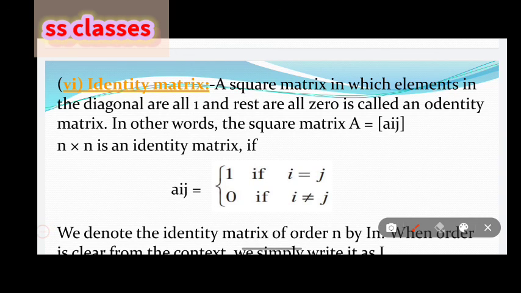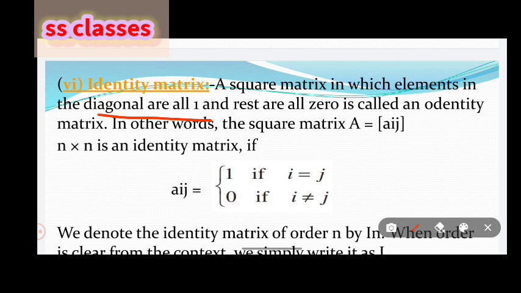The sixth type is the identity matrix. The identity matrix is a very important matrix in this topic. So let's discuss it. A square matrix in which the elements on the diagonal are all 1 and the rest are all zeros is called an identity matrix.